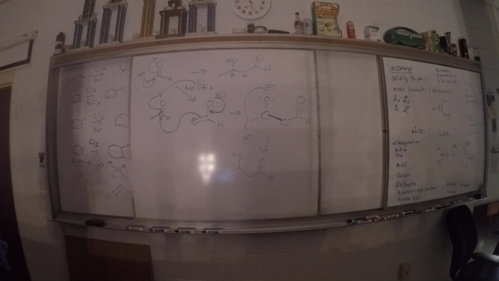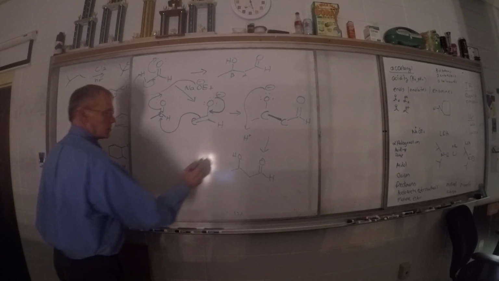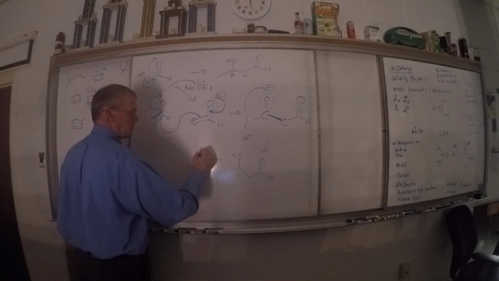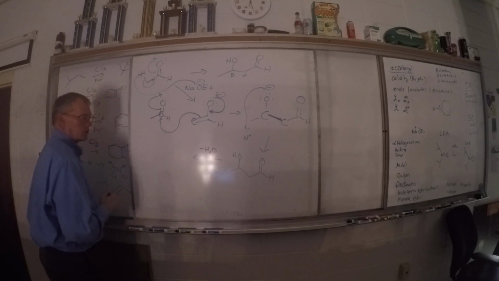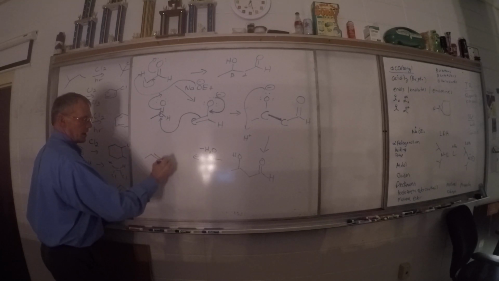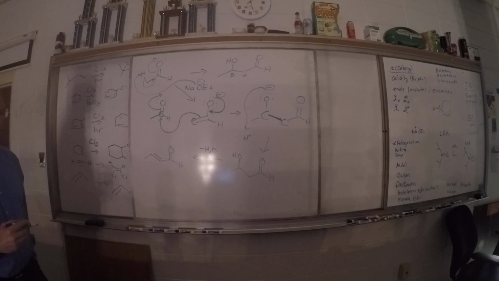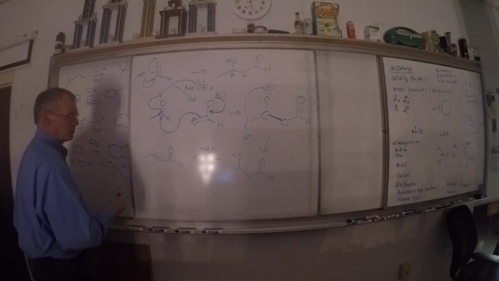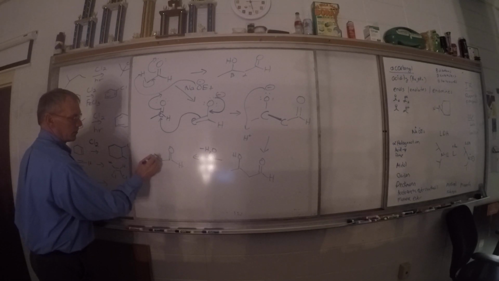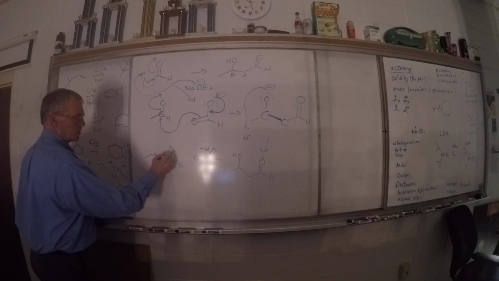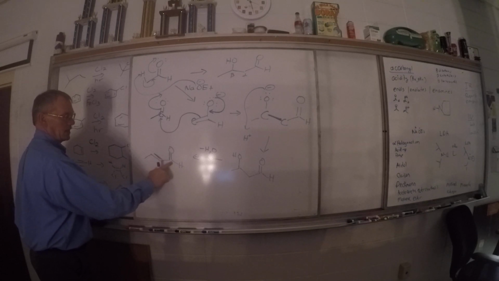And if conditions are such that you heat it, add acid and heat it, add base and heat it, oftentimes you can get a dehydration reaction, and this would provide what's called an alpha beta unsaturated aldehyde. And this is really facilitated because of the resulting conjugation between the ene and the al.